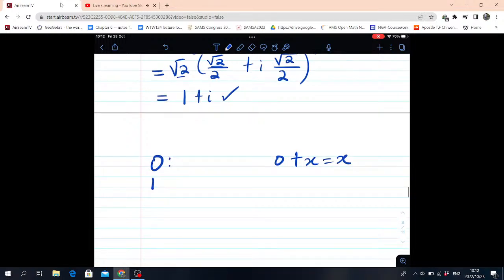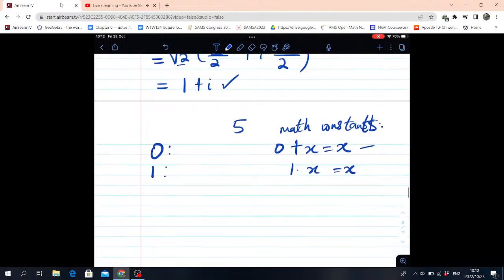So let me say math constants this side. So 5 math constants that we know. So this is an additive identity for real numbers. We know 1 is a multiplicative identity, so 1 times x is equal to x. So that's very important to us.